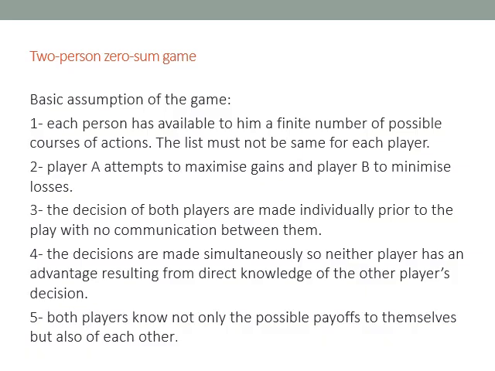The decisions of both players are made individually prior to the play with no communication between them. The decisions are made simultaneously, so neither player has an advantage resulting from direct knowledge of the other player's decision. Both players know not only the possible payoffs to themselves but also to each other.